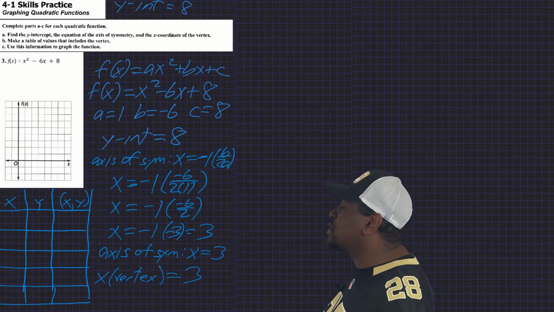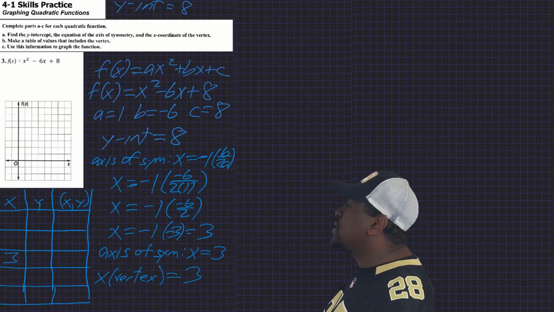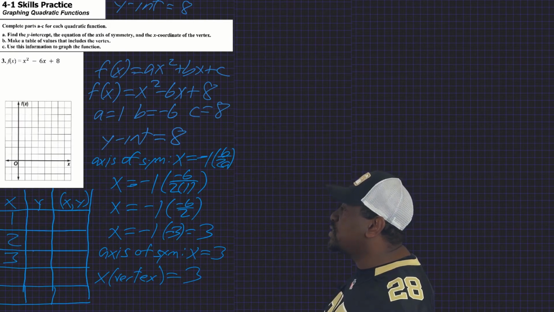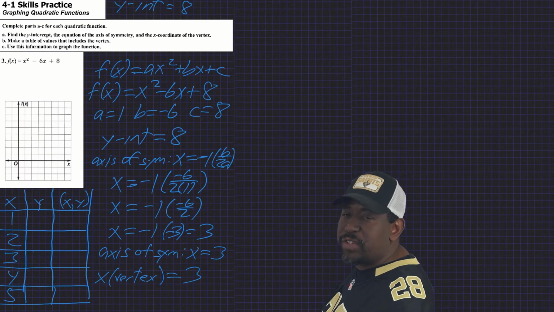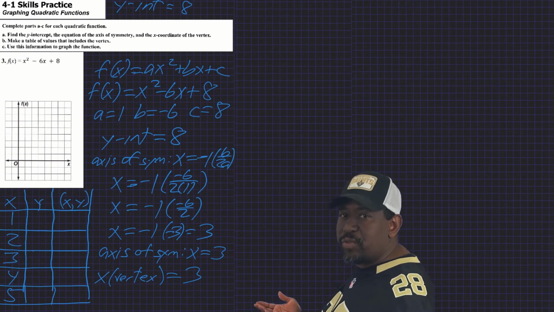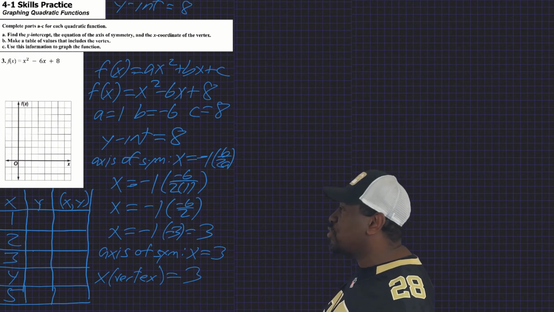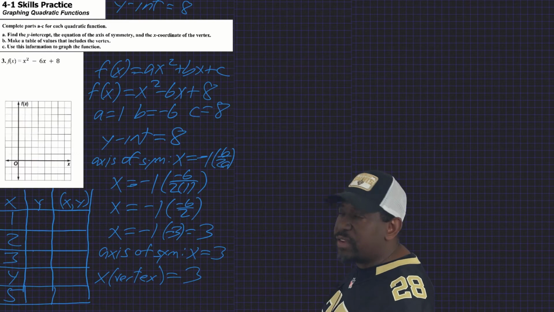But the first thing we do is we put our x-coordinate of the vertex there, like we just did. And now again, we will pick the 2 values to the left, which are 1 and 2. We'll pick 2 values to the right of 3, which are 4 and 5. And that'll allow us to construct a symmetric parabola, which we know all quadratic functions follow that form.